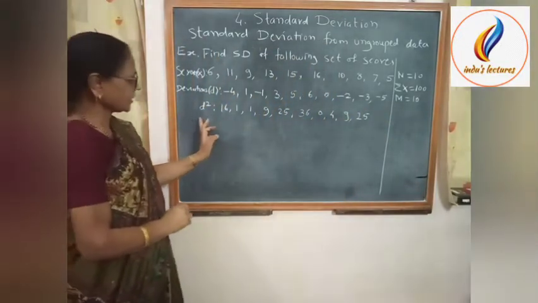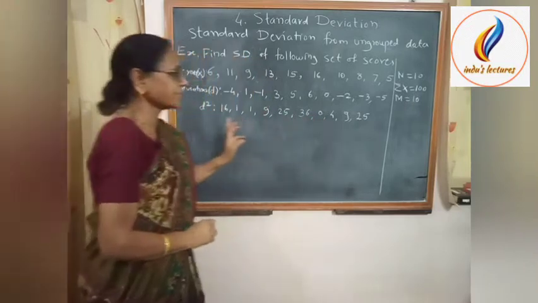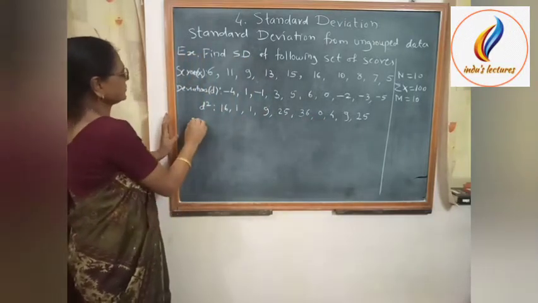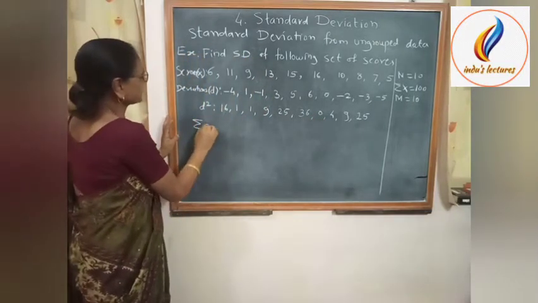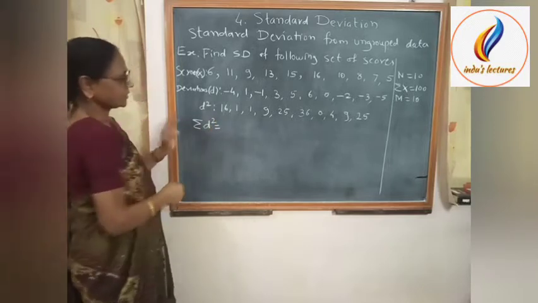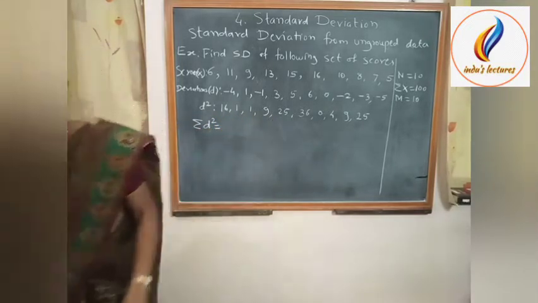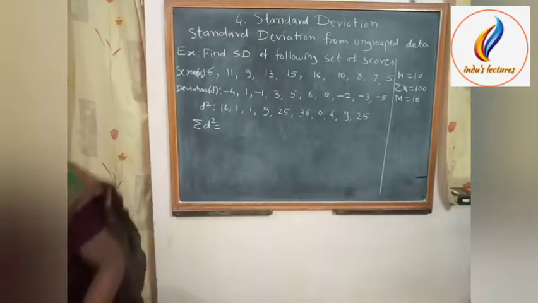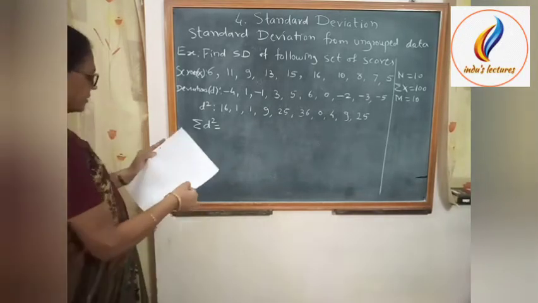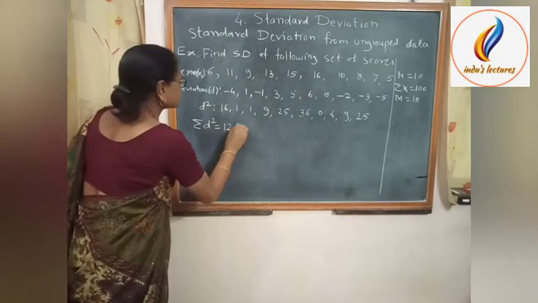Now add all these squares, the summation of d square, and we get the sum 126.